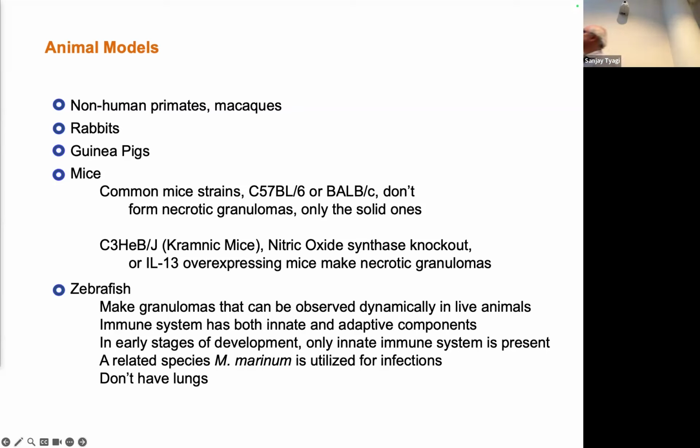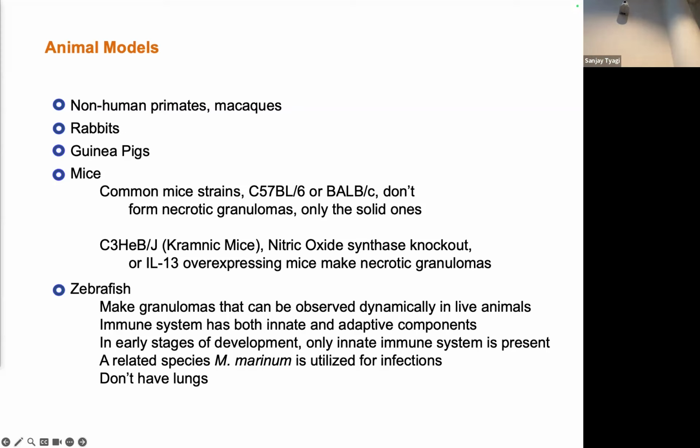And then there's zebrafish. Maybe I'll say a couple of things about zebrafish. A number of labs have done very beautiful work by making granulomas in the sides of zebrafish. The zebrafish have both adaptive and innate immune systems.